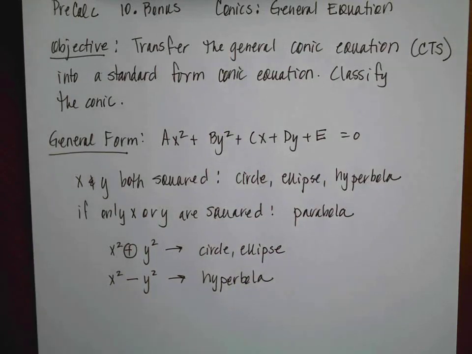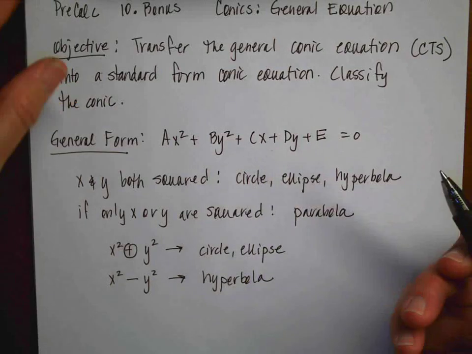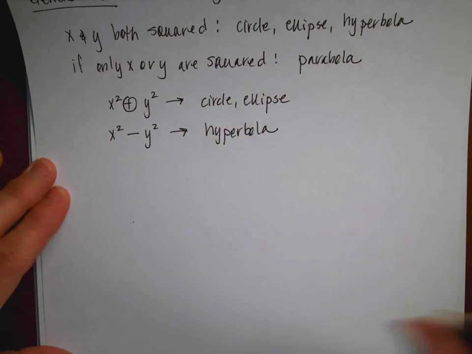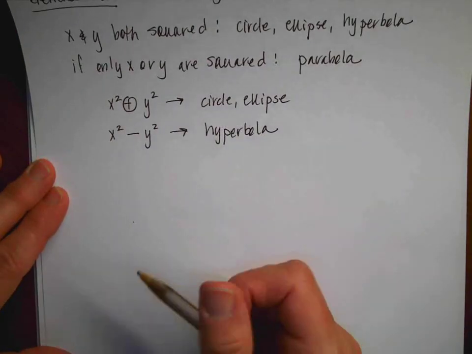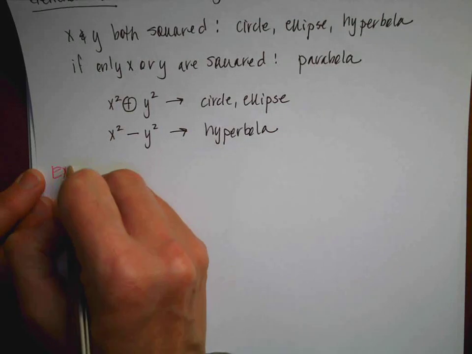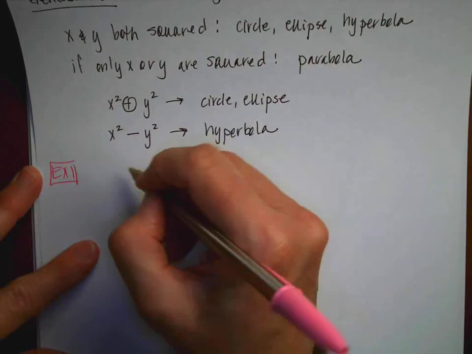So it's really pretty easy to determine what type of shape we have, and we're going to do all of it based on this general formula, and we're going to convert using completing the square. So I think the best thing to do is to just jump right in with an example.